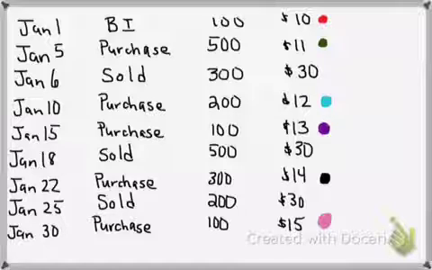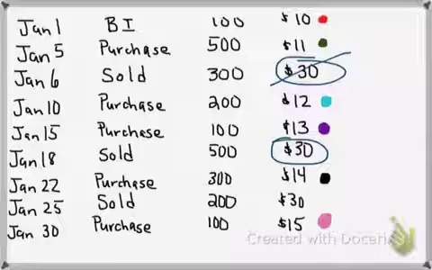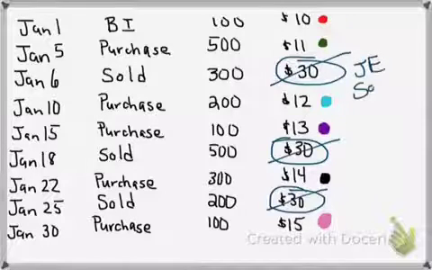One of the things I want you to realize is that when we look at this information, it tells us how much we sold the units for. This is not important when we're looking at LIFO and FIFO costing, all right? This is only important for the sales journal entry.